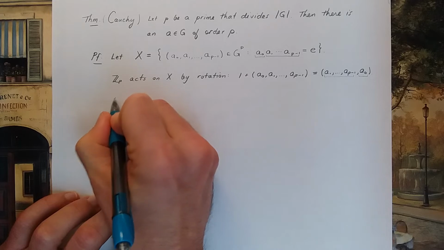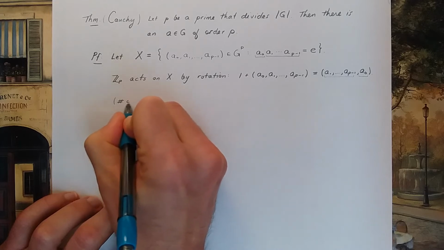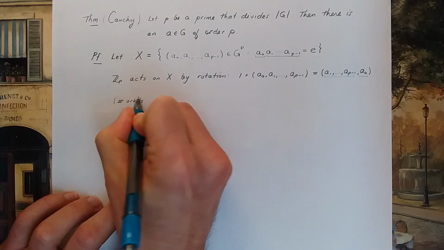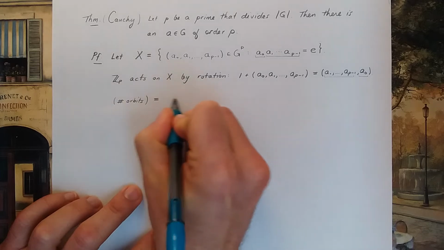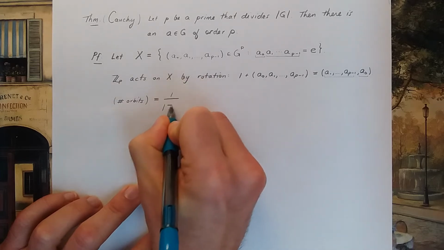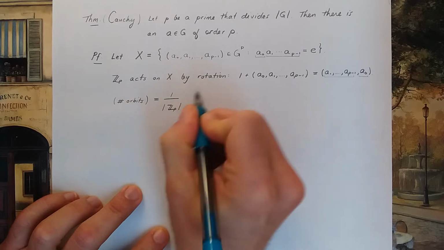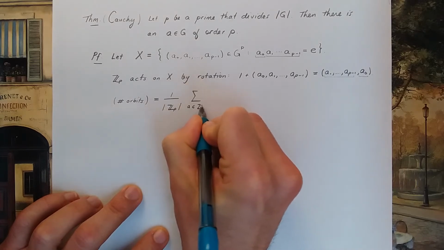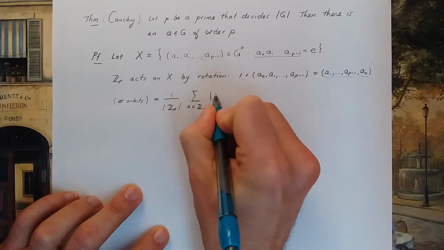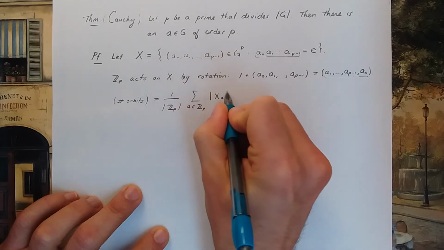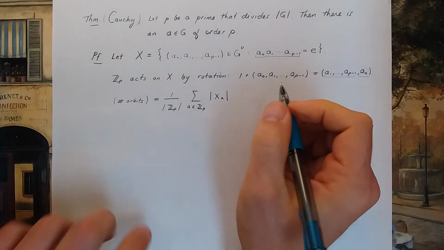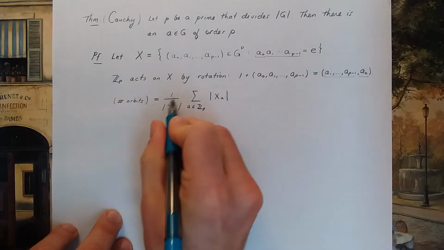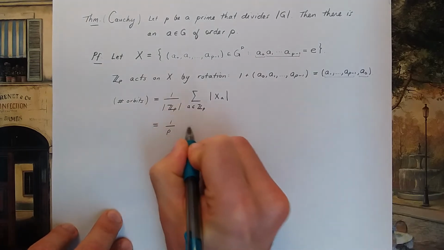So Burnside's lemma tells us the number of orbits. It's equal to 1 over the size of the group times the sum over all elements in the group, where I look at the sizes of the fixed point sets. So the size of the group Z_p is p.